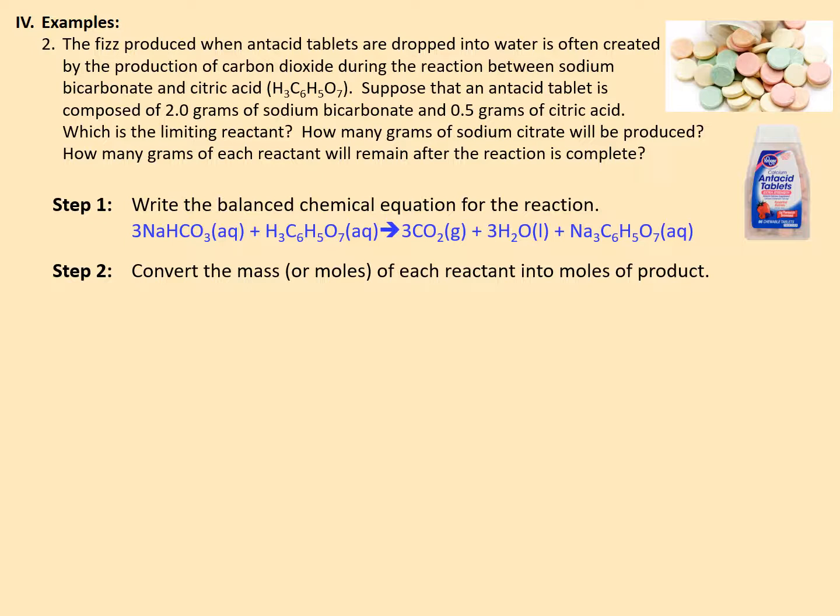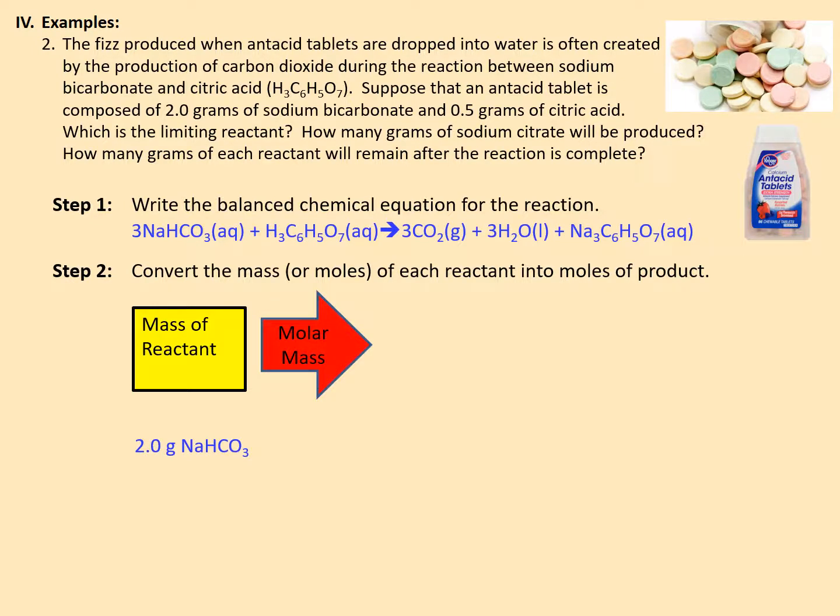In this case, we're given the two reactants in units of grams, so we need to convert them into moles of product. So as we see, starting with a mass of a reactant, starting with the sodium bicarbonate, we have 2.0 grams. We will use the molar mass of sodium bicarbonate, which we're going to have to figure out, is about 84.01 grams per mole.